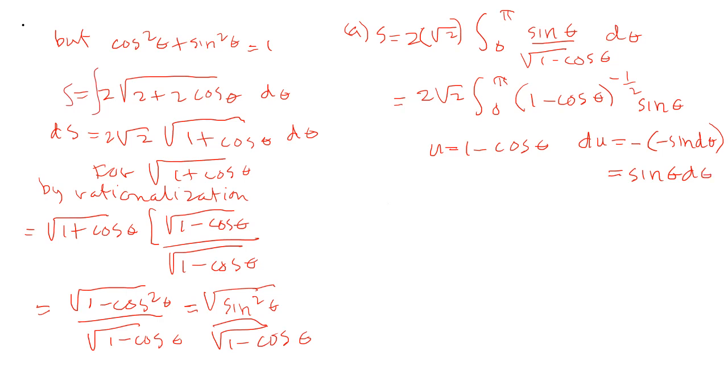So it equals 2 square root of 2 times (1 minus cosine theta) to the power 1/2 all over 1/2, from 0 to pi.